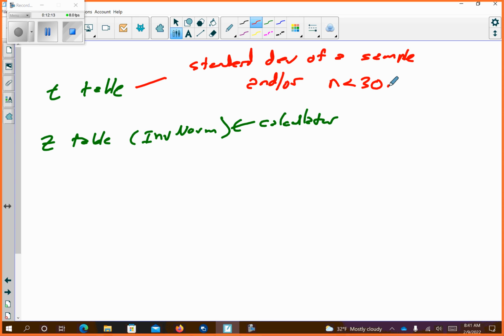So when I say and/or, they might give you a standard deviation, which you can't necessarily tell if it's from the sample or not. So if those are both true, definitely T table. If I have a standard deviation that's from the sample, T table. If I have an n value that's less than 30, T table.